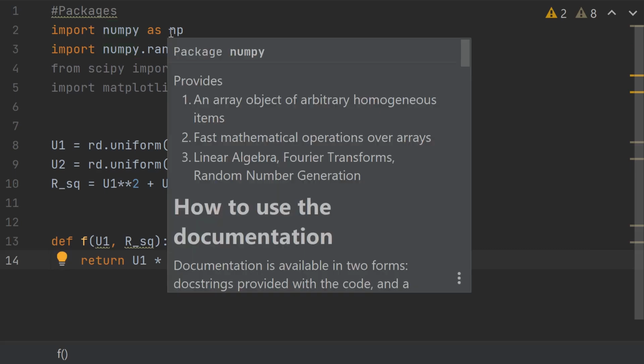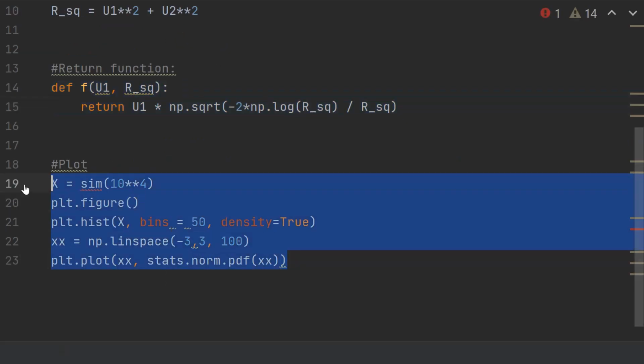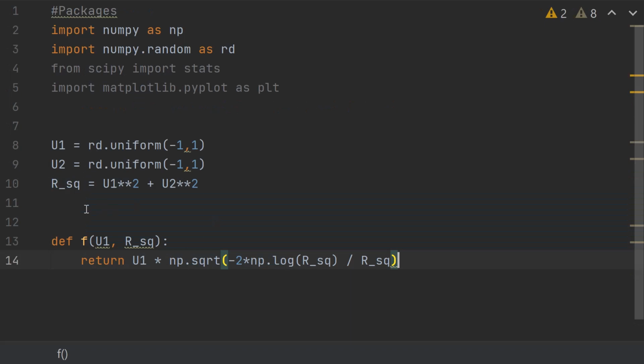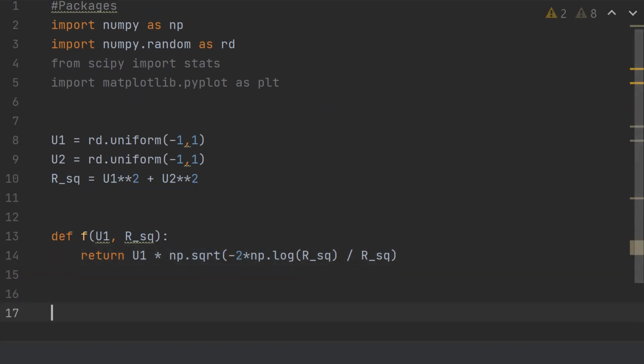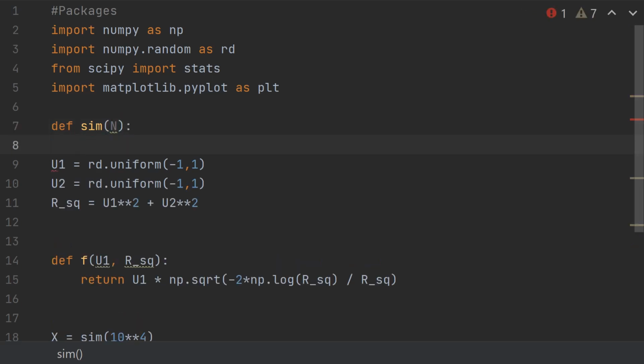This is exactly what we just showed it had to be. And then finally I build some plots. And I have to be a bit careful now, because I actually have to build a function called sim, which simulates my x's, and it takes an n, which is the amount of simulations I want.